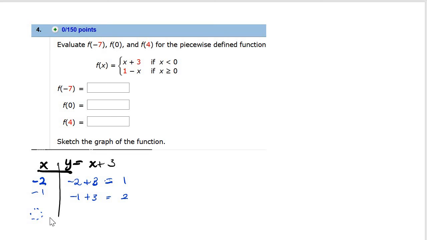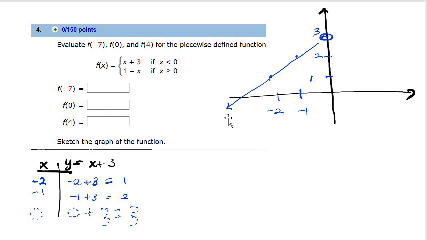Those are easy. I plug and chug, get my x's, get my y's, and in dotted lines, if I plug that in, I get 3. So from x equals -infinity to 0, I plot those points, and where I had the dotted part, that's an open circle because it's not included.